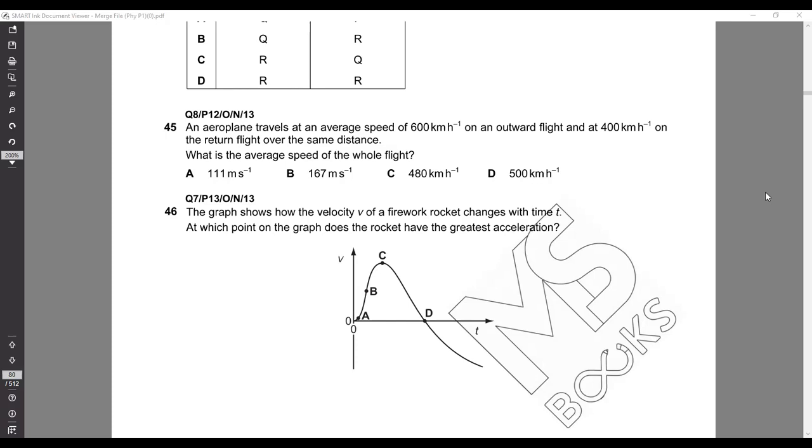Okay, this is actually much simpler. You don't need to use even the equations of motion, because they are not talking about equations of motion. They are just talking about a simple thing.